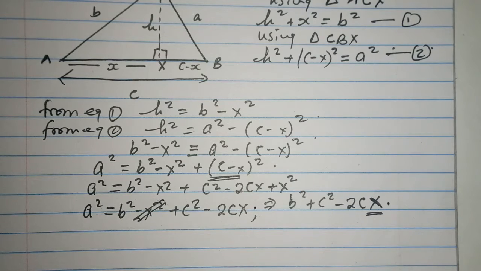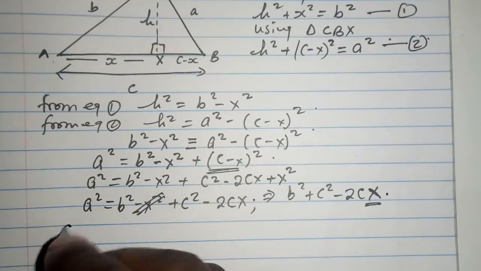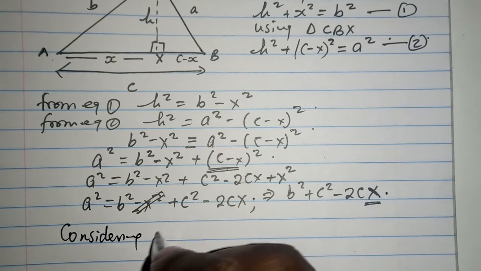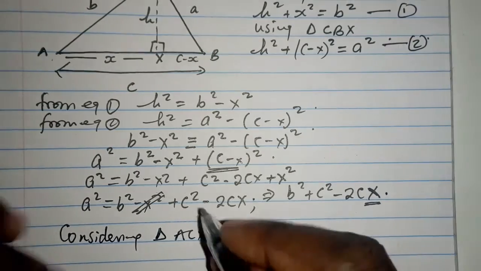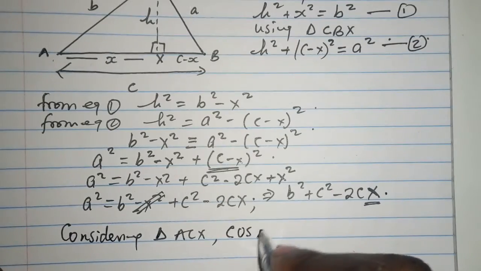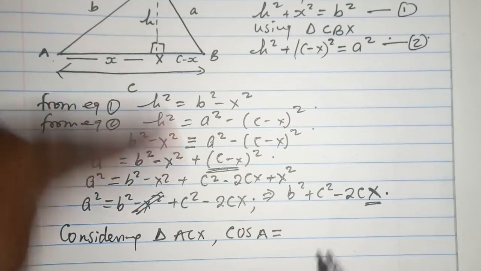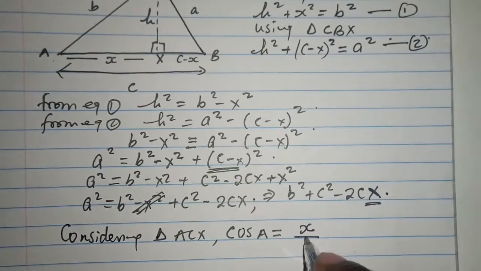So we express x using the primary trigonometric ratios. Considering triangle ACX, cosine of angle A is given by adjacent, which is x, over hypotenuse, which is b.